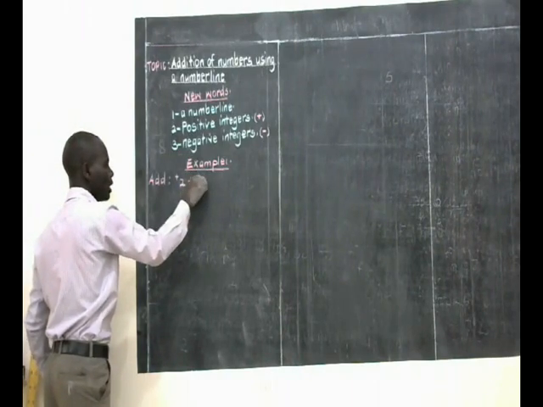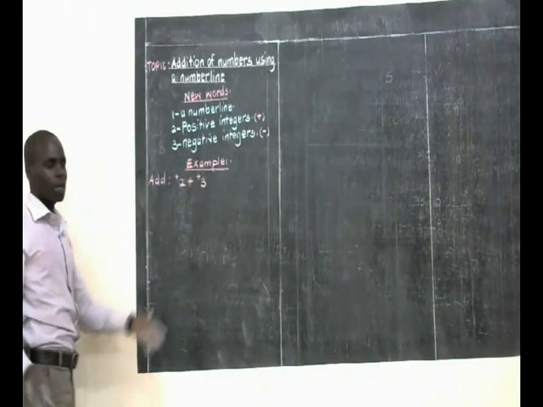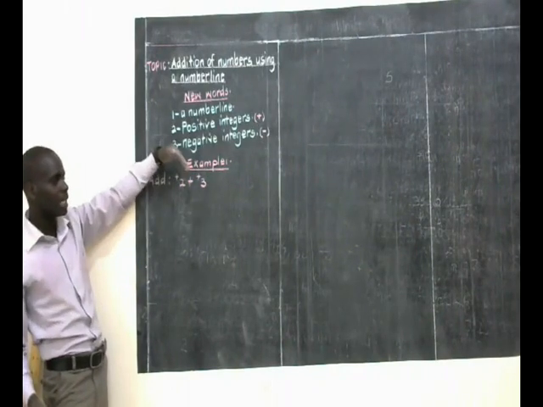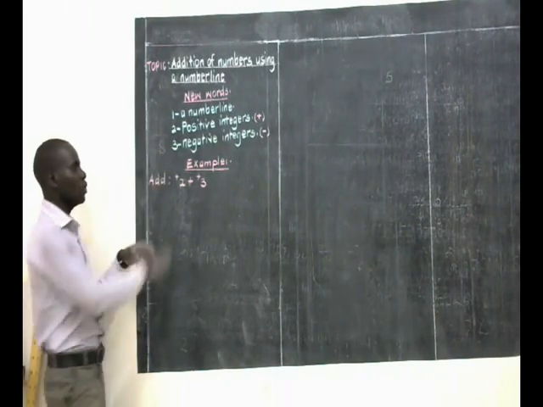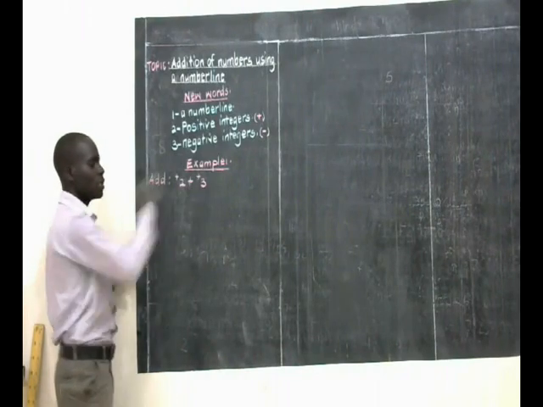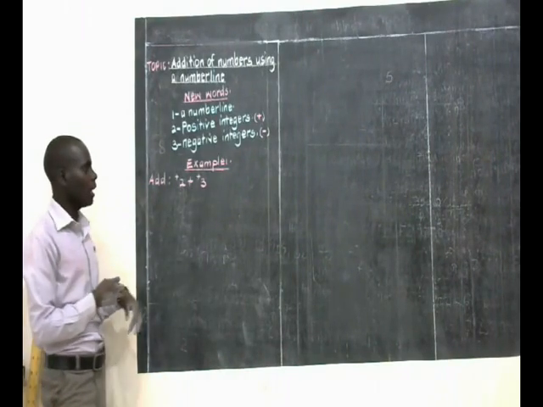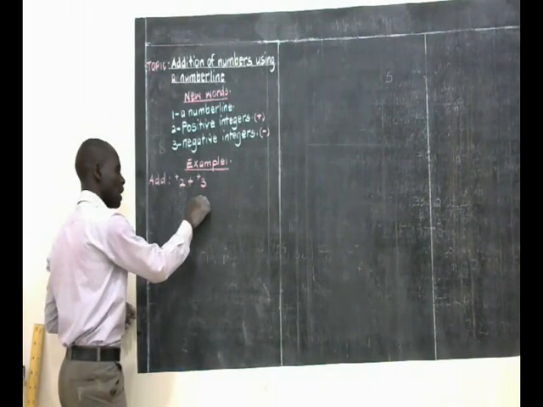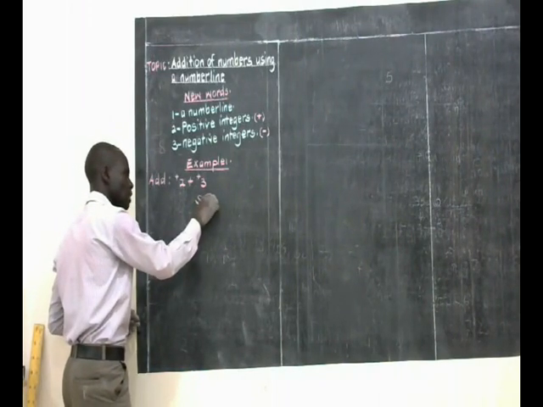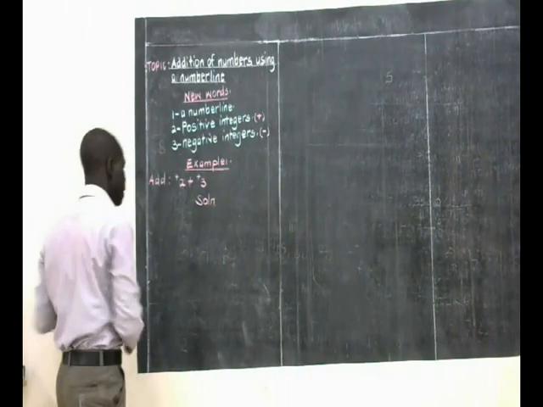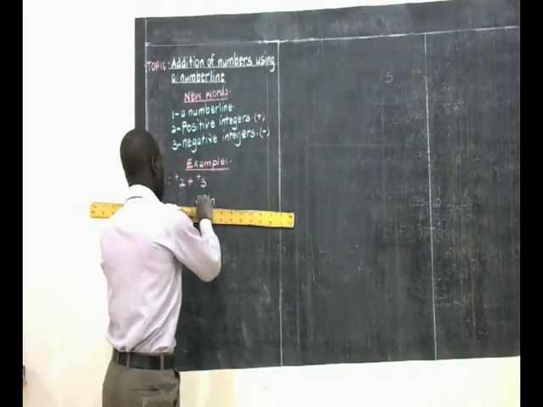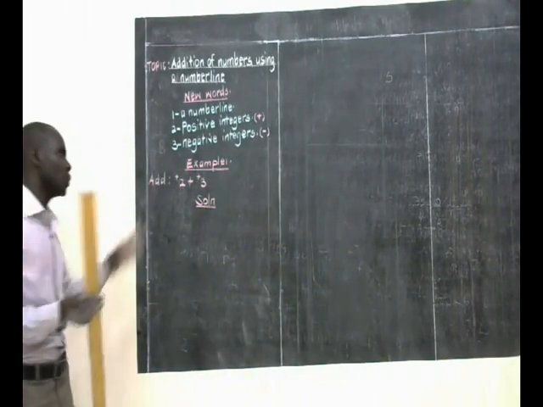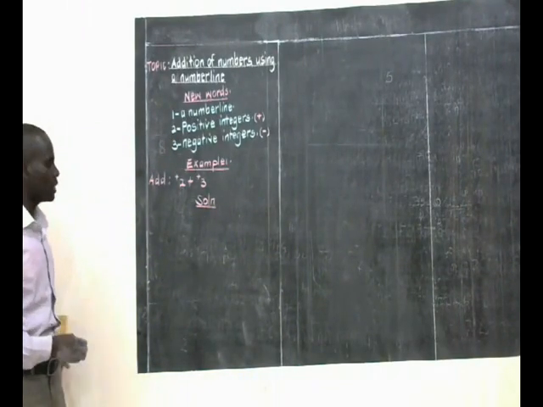When you're writing the positive sign, make sure it is raised slightly above the number, but don't write it as the plus sign because it will confuse you. Now, let's look at how we can add these numbers using a number line, as the question is telling us. So we add positive 2 plus positive 3.